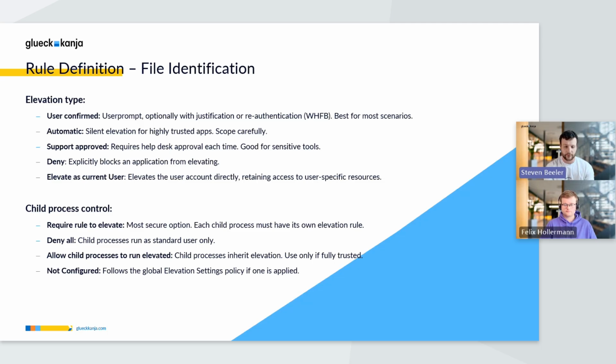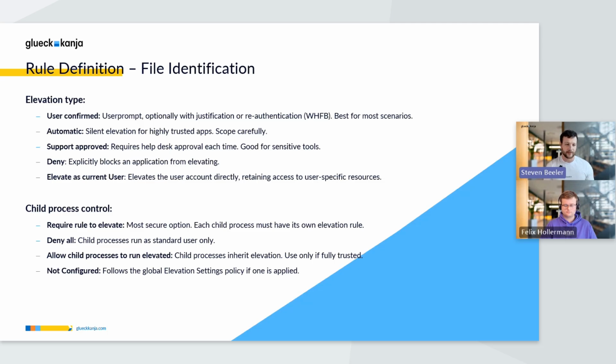So the user has to type in a business justification and re-authenticate. We think this is actually one of the best elevation types, because like this, you can ensure that even if a device is left unattended and unlocked, nobody can execute any apps with elevation, because they don't have the user's credentials.